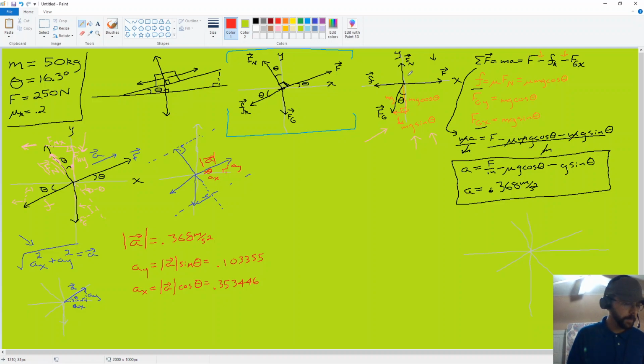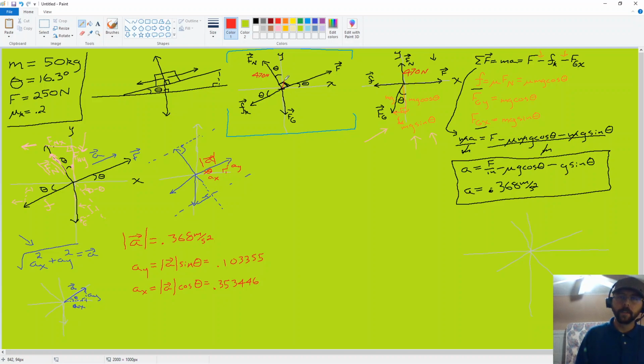So if I were to plug mg cosine of theta into a calculator, I should get 470 newtons. We'll keep it 470 newtons. So I know that in this picture, that magnitude's the same. Even though you rotate it, the magnitude won't change. So this is 470 newtons.